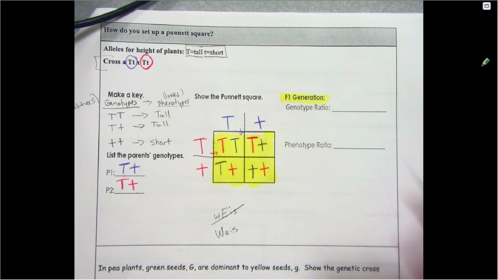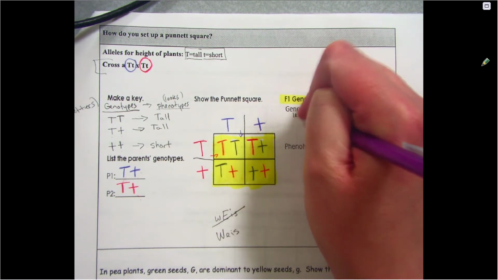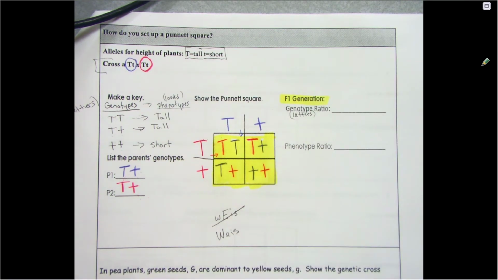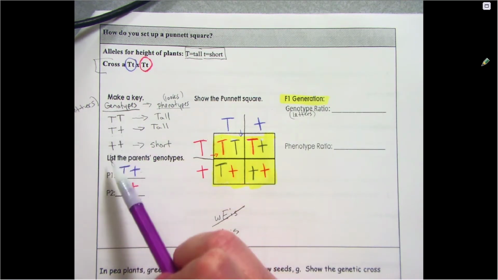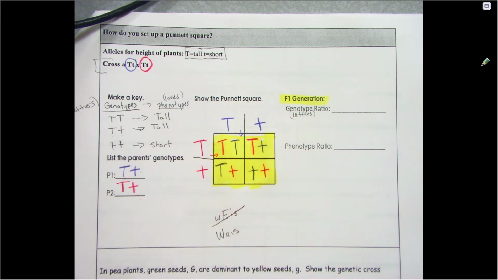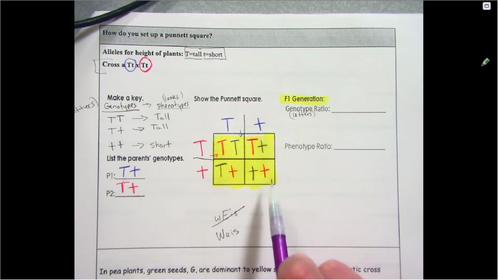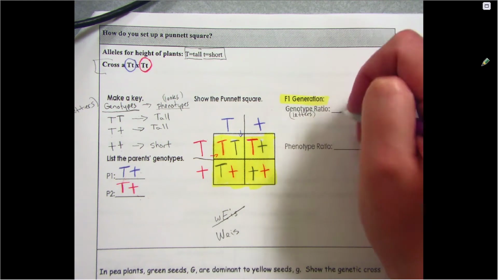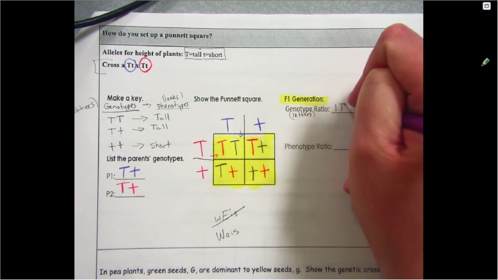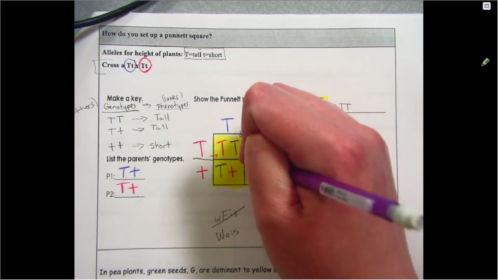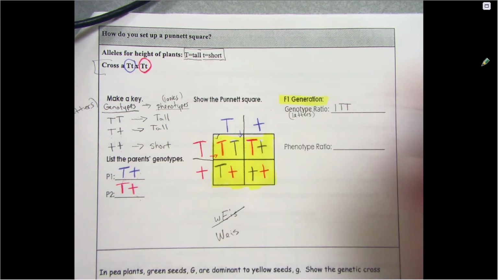As a reminder, for genotype, we're going to write down letters, and we're going to go in the same order as we did our key. So big T, we're going to start with homozygous dominant. I'm going to start here at the left and work my way through. Big T: I have 1 genotype that is big T. And I'm going to put a little check mark in the corner as a reminder for myself that I did that.